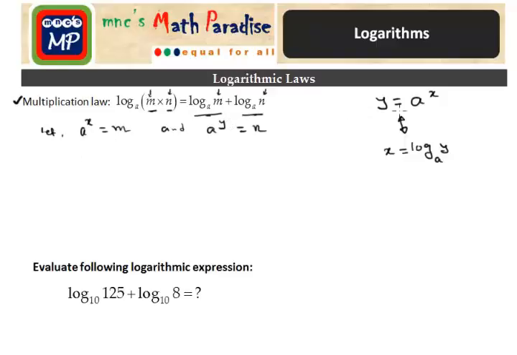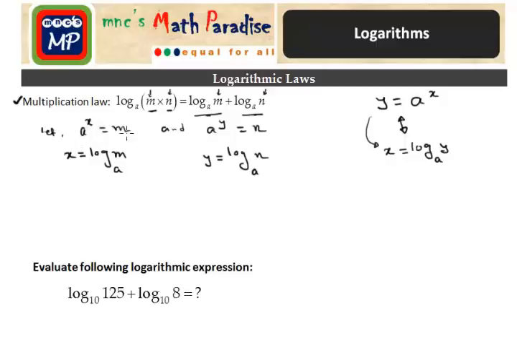Using exponent to logarithm conversion, x equals log of m with base a, so x will be log base a of m. From here, this power y will be log base a of n.